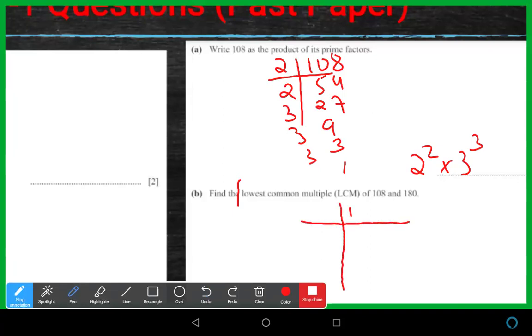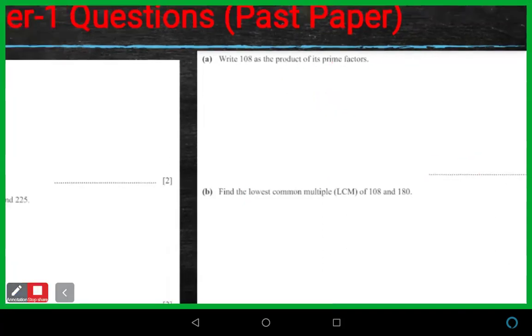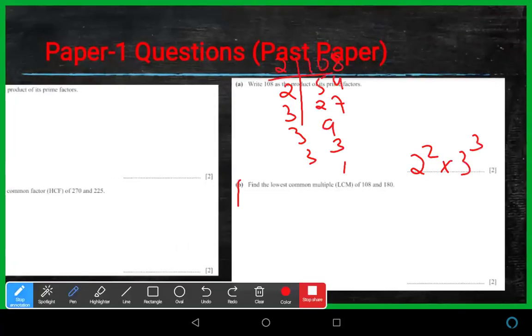I will write it like this: 108 comma 180. You can solve it by any other method if you know one. It's not compulsory to use a certain method in these questions.